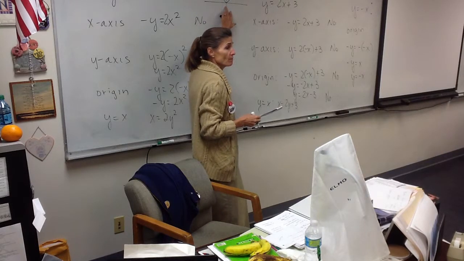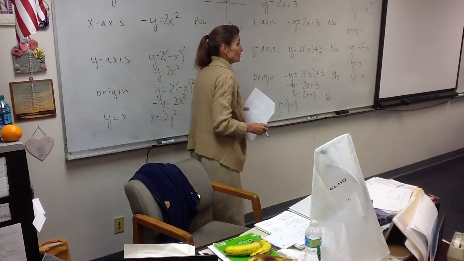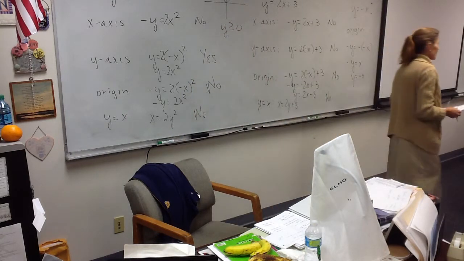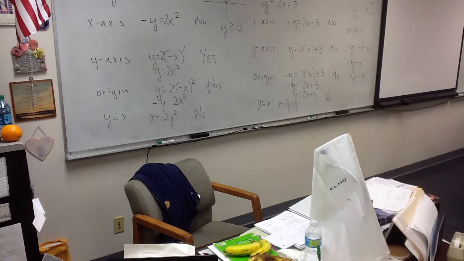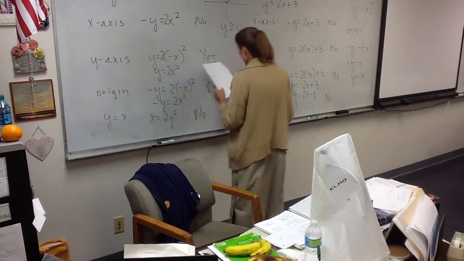What's the range? Y is greater than or equal to 0. So your domain is all real numbers. Your range is y is greater than or equal to 0. Even functions have what symmetry? Over the y-axis.